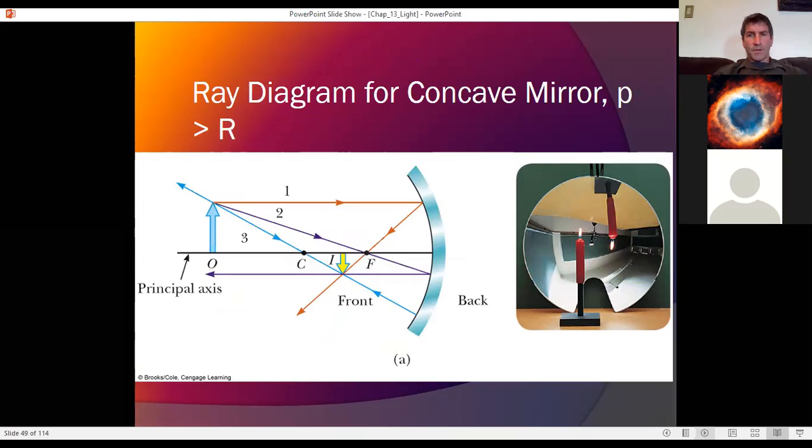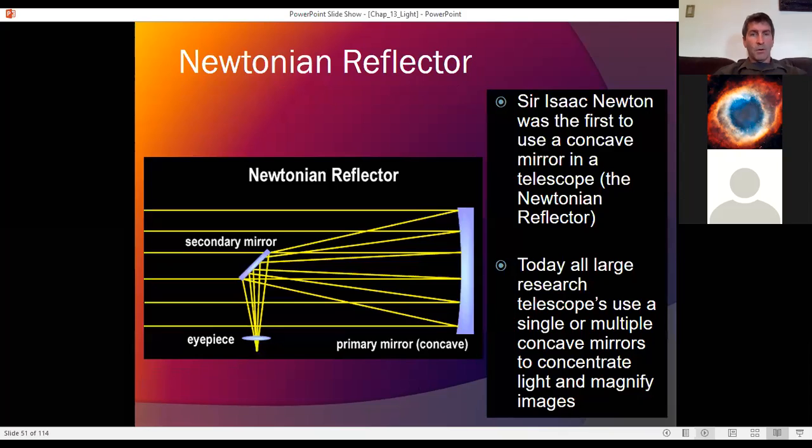Now, Sir Isaac Newton was the first to realize that these concave mirrors could be used to magnify images. Before Newton, Galileo had used lenses to magnify images to create his telescope. So Sir Isaac Newton used concave mirrors to create the first reflecting telescope.